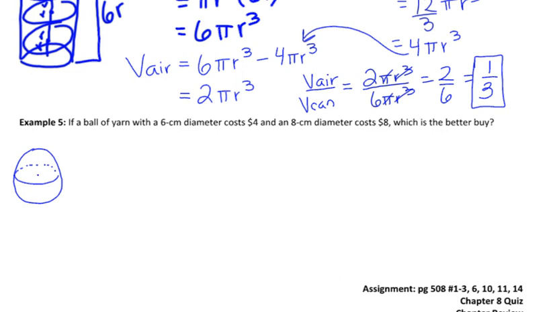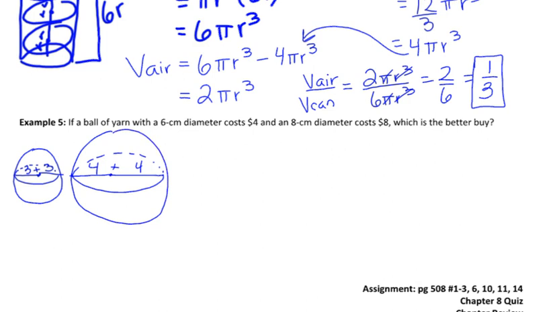And we know that this one would have a radius of 3 or a diameter of 6. And a diameter of 8 would have a radius of 4. Kinda, sorta. Very, very lopsided, but do your best to draw that.